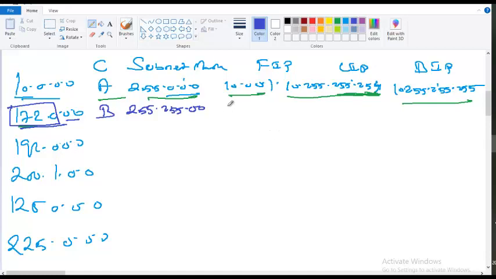The first IP will be 172.0.0.1. What will be the broadcast? 172.0. Why do I put 0 here? Because the first 2 octets are masked because it's class B, so you cannot put 255 there. It is 172.0.255.255. The last IP will be 172.0.255.254.